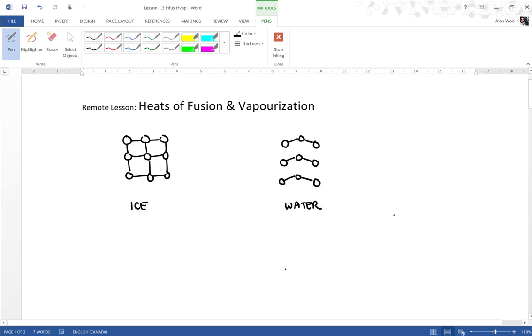We know that by adding heat energy, if we heat up the ice, all that energy from the heat causes the atoms to vibrate more and more. This is what we call warming.